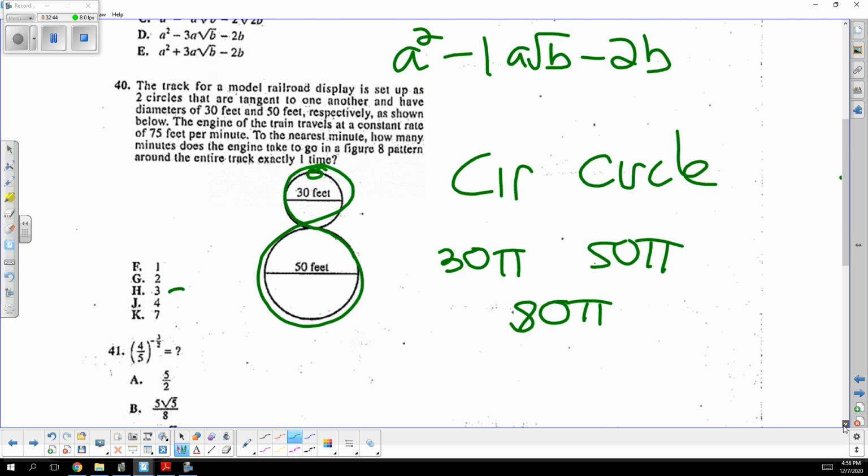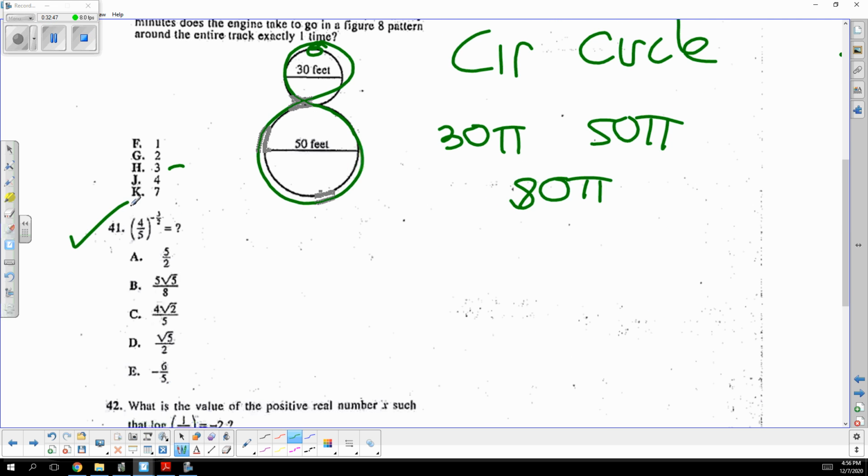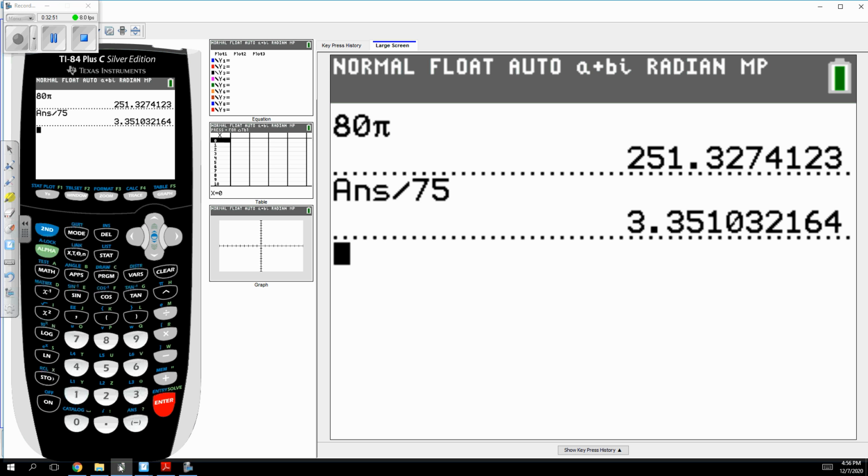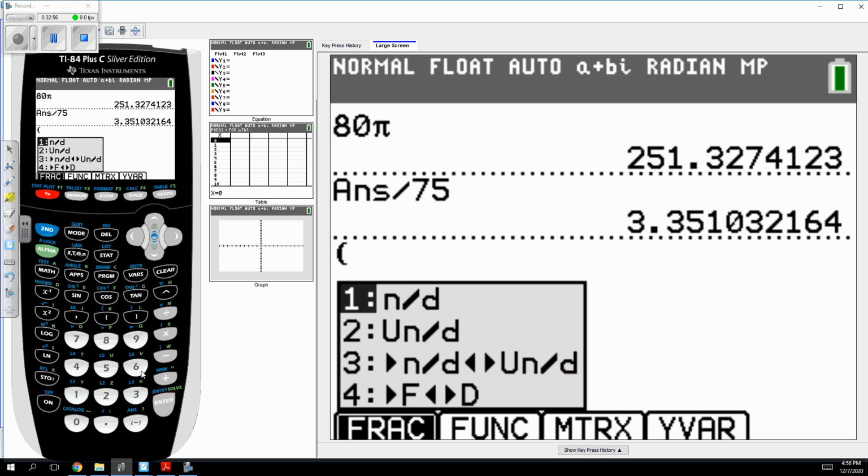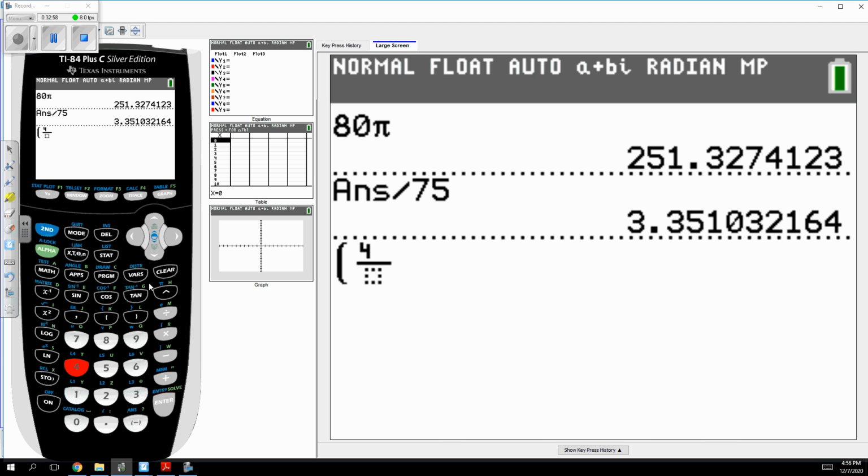Okay, put this straight into the calculator. How many times does that happen? 4/5 to the negative 3/2.